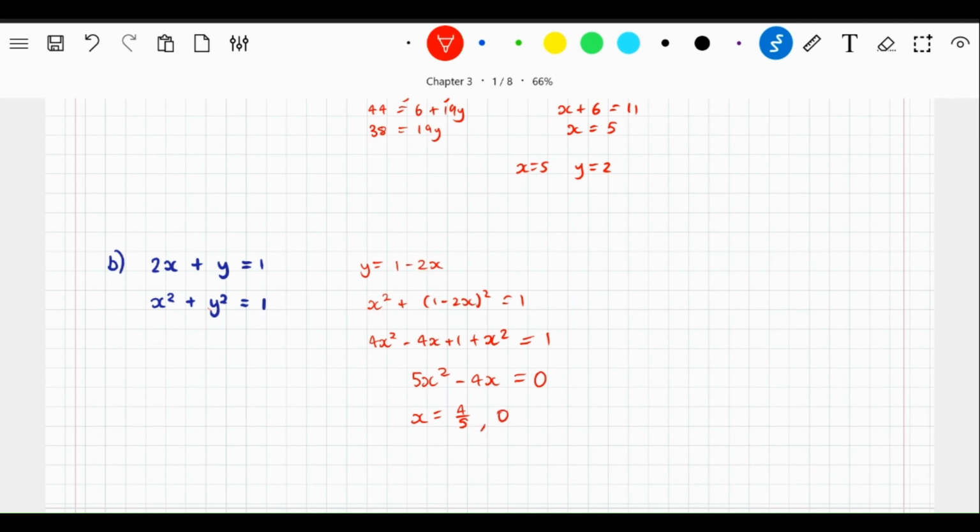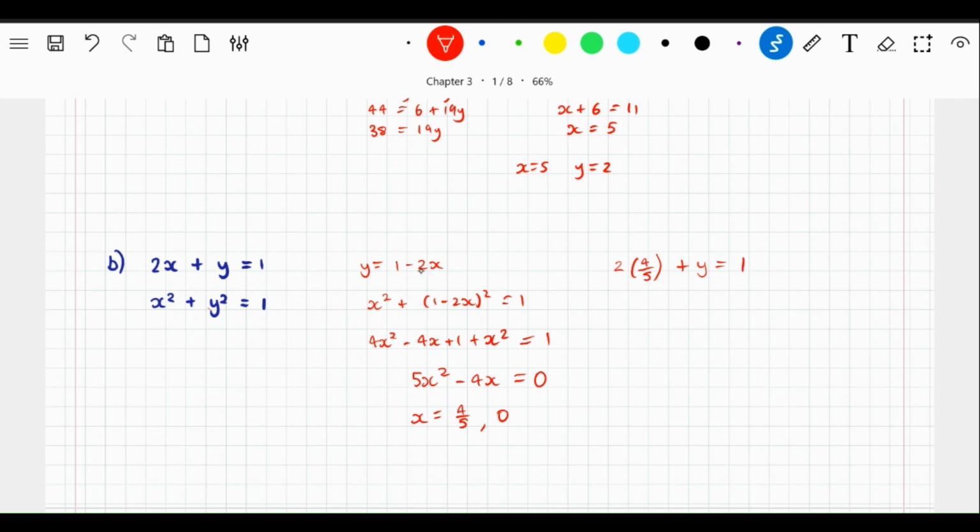So then with that, we can sub that into this top one here. So we get 2, and we'll use this 4/5 one first. So 2 times 4/5, or 0.8, either one, plus y equals 1.